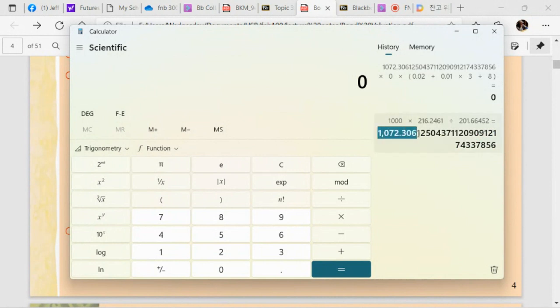I'll just copy this number, times, open parenthesis, 0.02 plus 0.01 times 3/8.